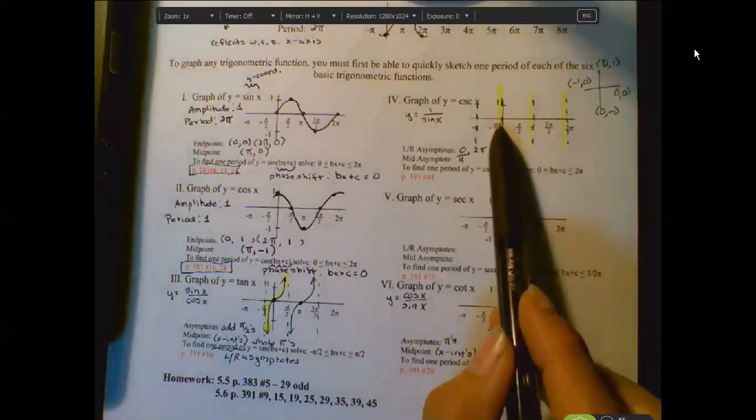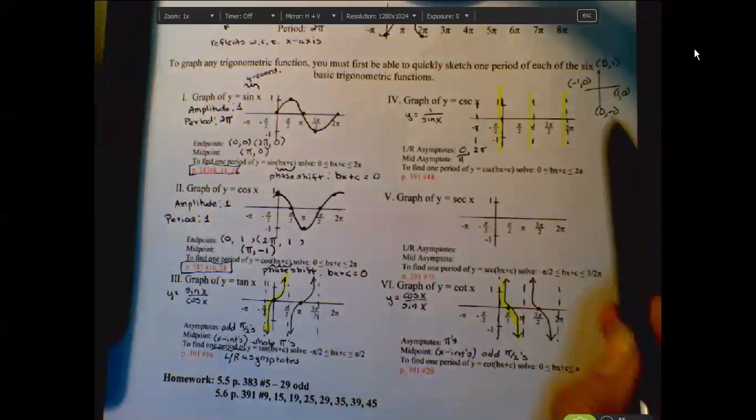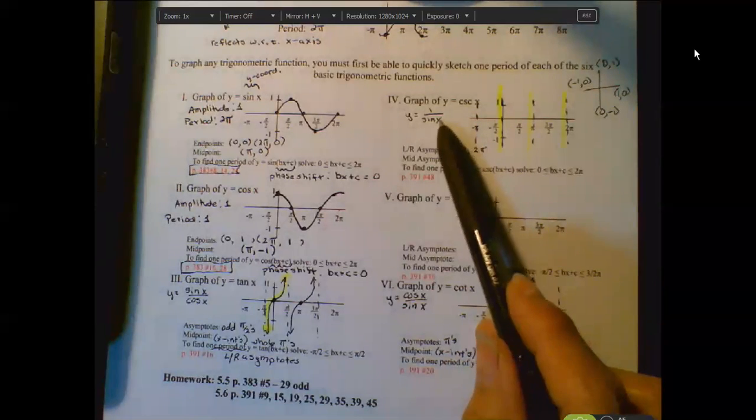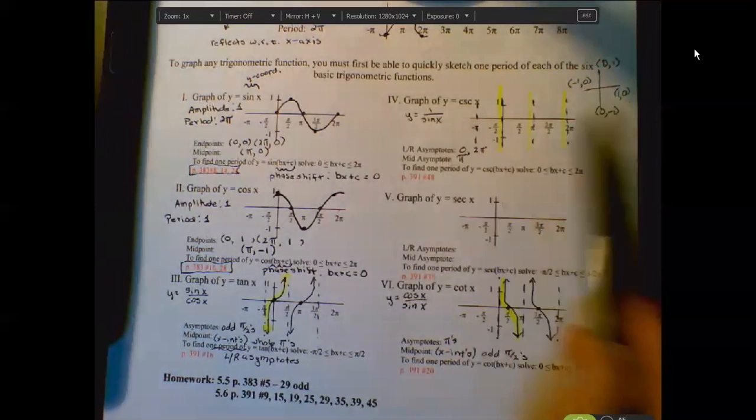If I have no idea what this graph looks like and I just want to make an XY chart at 0 radians, 0 radians is right here, what is cosecant? Here's the definition of cosecant.